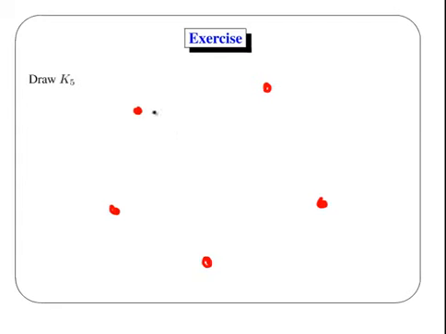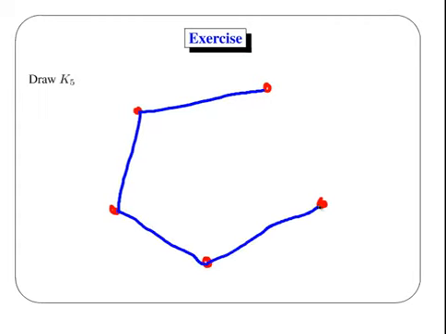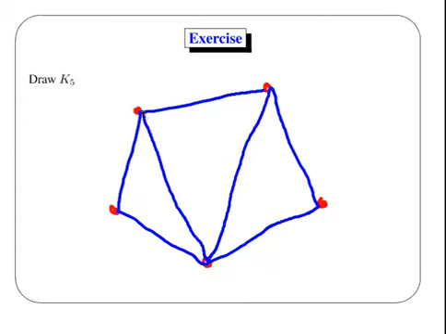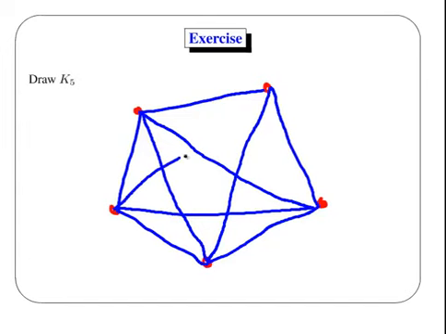Now between each pair of vertices we draw an edge. So I have that one there, one there, one there, there, there, there, there, and lastly there. Okay, so this is a K5. Between each pair of the vertices we have an edge.